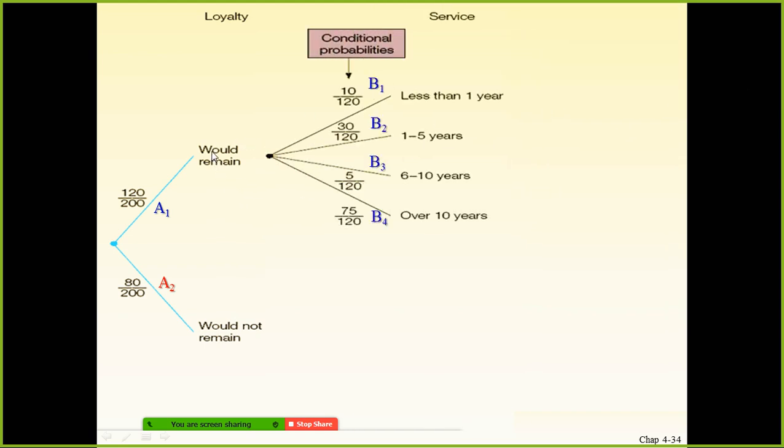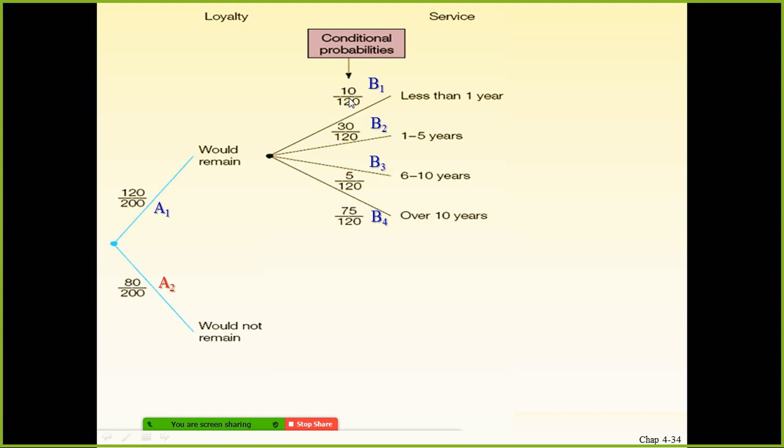Among the ones who say they remain with the company, they have different lengths of service. Less than 1 year: 10. This is conditional. Why is it conditional? This happens only if they remain. You can see this is a condition. Without remaining we cannot find this one.